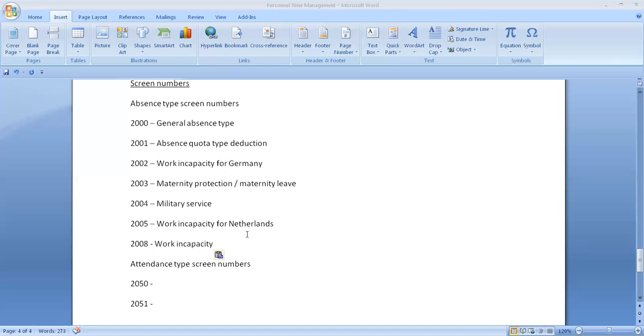Apart from Germany and Netherlands, for all other countries, 2002, 2005, 2008 are all work incapacity only.